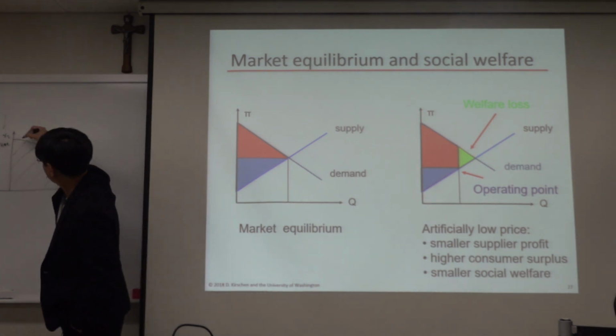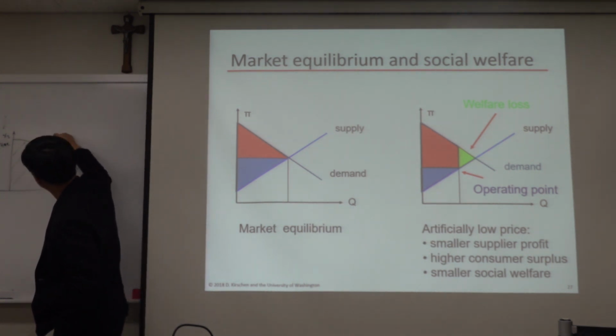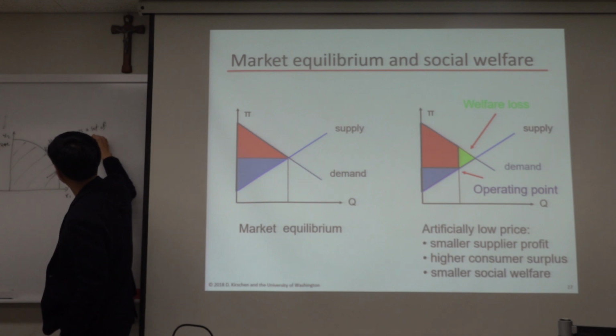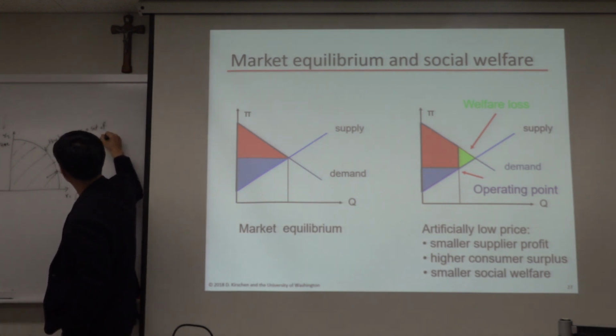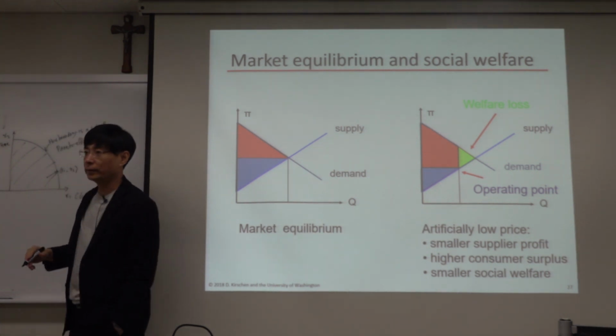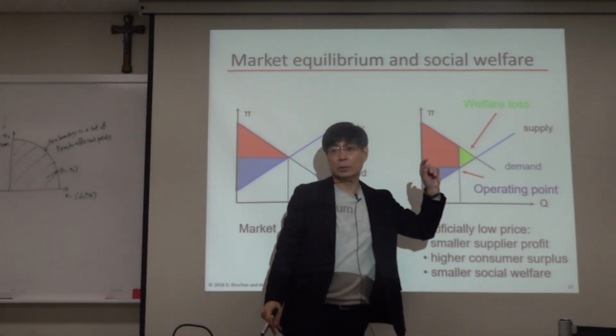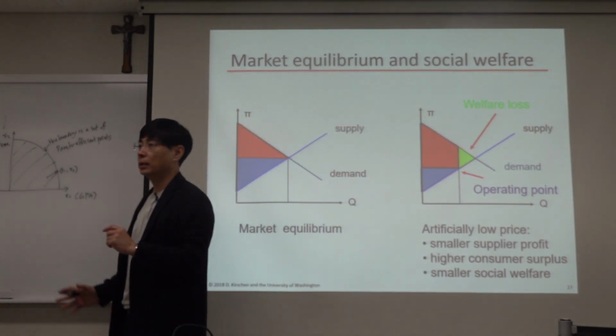So this boundary is a set of Pareto efficient points. And this market equilibrium is one of these Pareto efficient points.